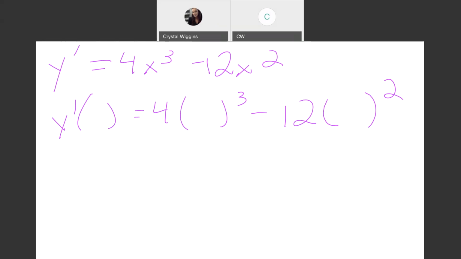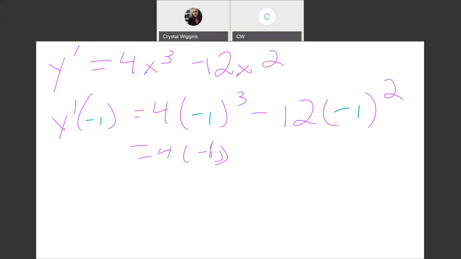So if I was in class, one of you hopefully would have corrected me and told me that's not a test point. Our test point is -1, so we need to put -1 in for every one of the x's in the derivative. Now we have a -1 cubed. A -1 cubed is going to stay -1 because it's an odd power, so it's still negative. And we have a -1 squared.